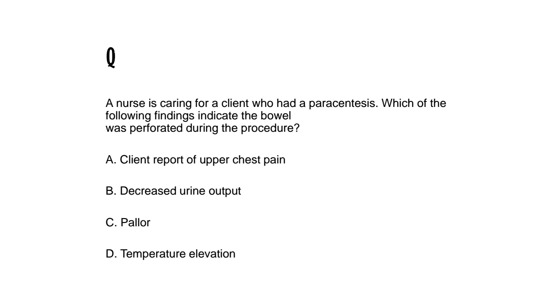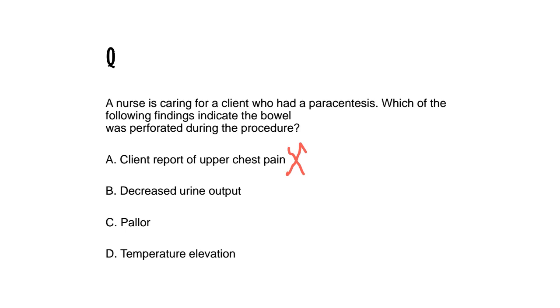Okay, for this question, the nurse is caring for a client who had a paracentesis. That is where a needle is punctured through the abdominal wall to remove fluid from the abdominal cavity. Which of the following indicates the bowel was perforated during the procedure? Is it A, reports upper chest pain, decreased urine output, pallor, or temperature elevation? Well, upper chest pain is not correct because it has nothing to do with the abdomen itself.